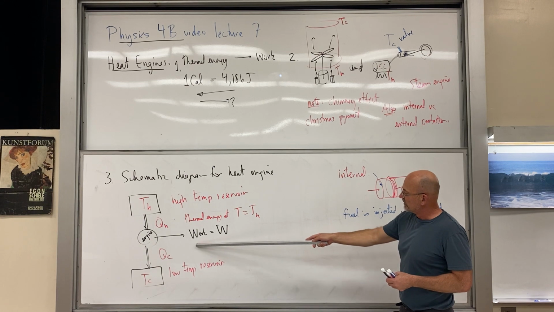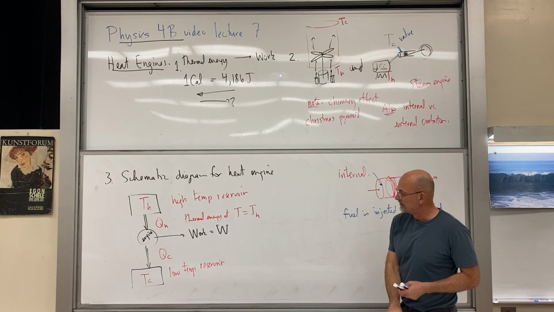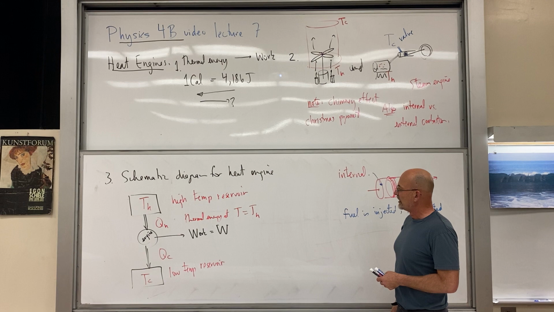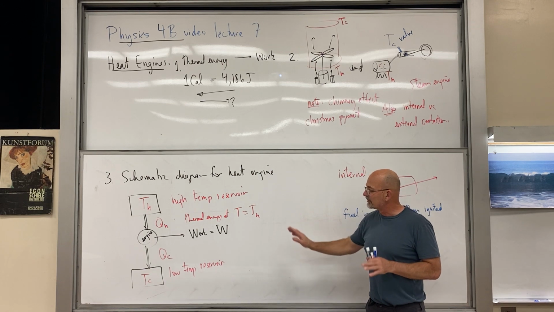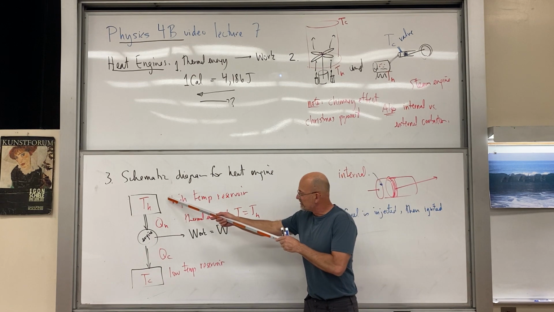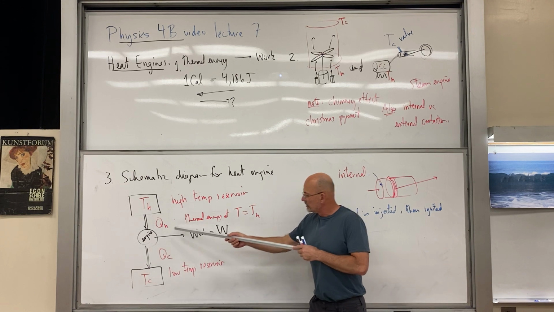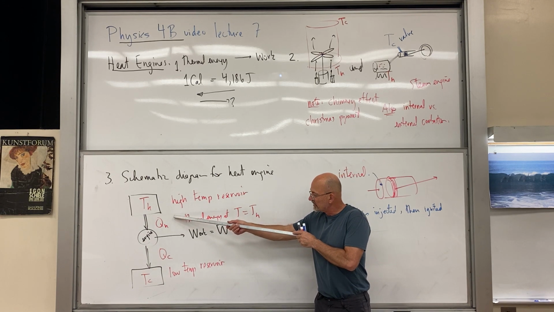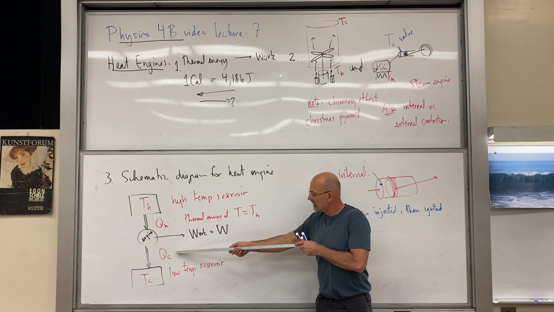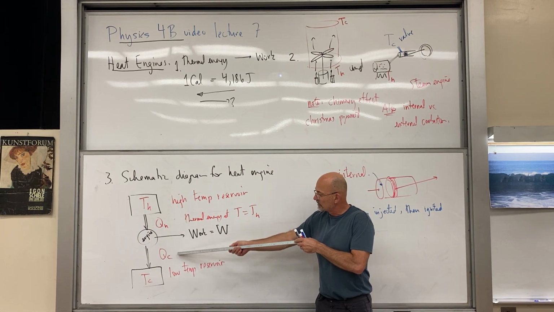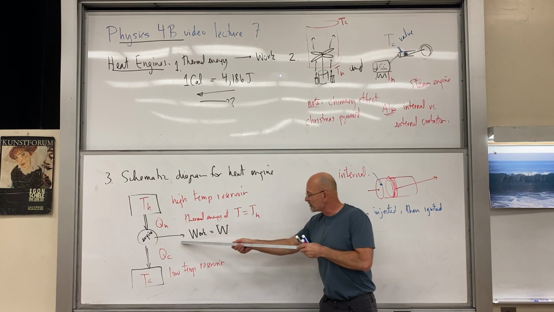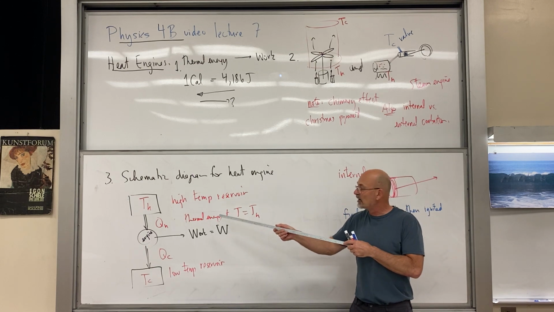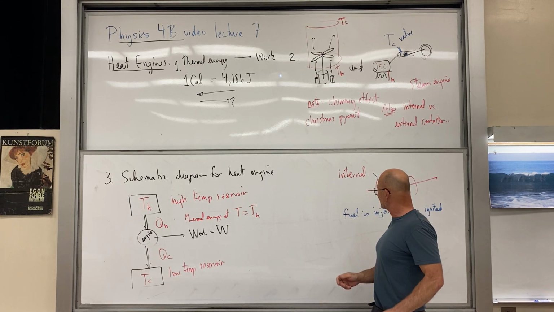And again, we obtained some work out of that. So that's the schematic, and we have two temperatures involved, a higher and a lower temperature. We have two energy quanta, the thermal energy at a higher and the thermal energy at a lower temperature, and we have the work that came out. So we're going to analyze the schematic diagram next.